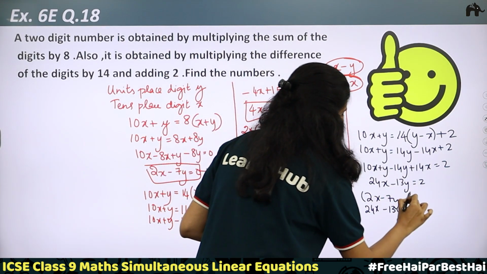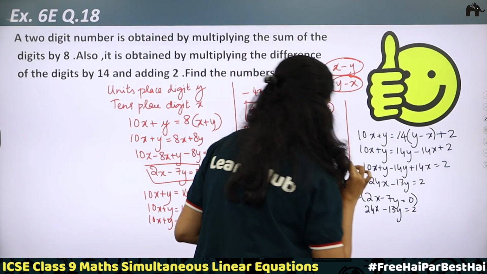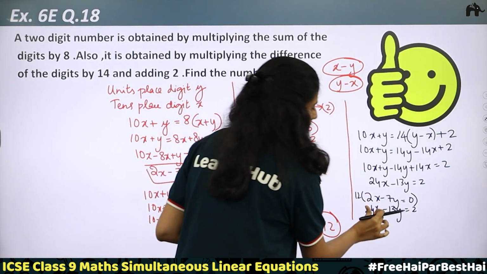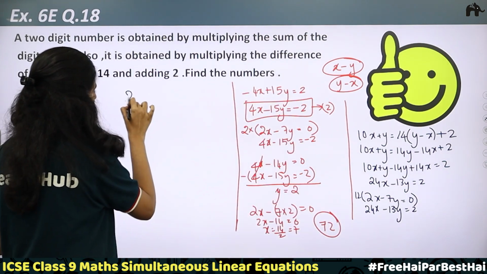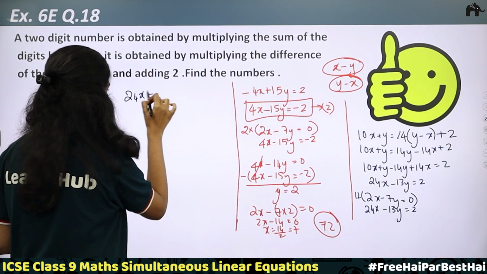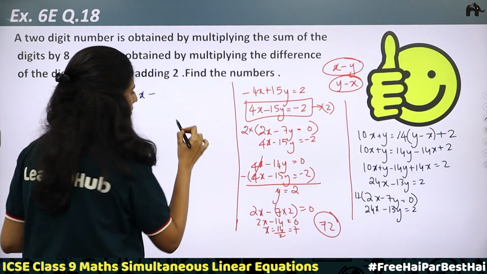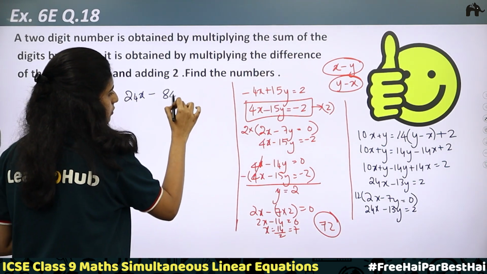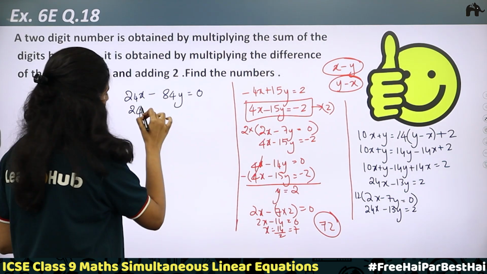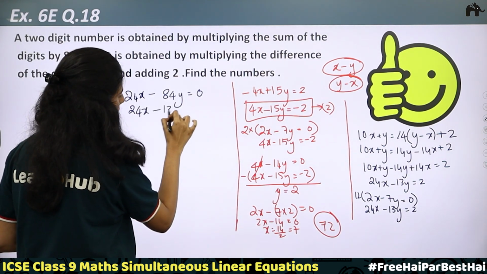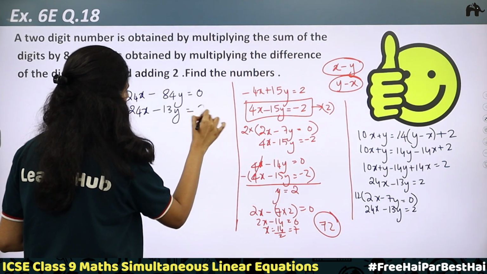Okay, now I am multiplying throughout the first equation with 12. Only then I will be getting 24x. Okay, then you will be having 24x minus 12 into 7, 84y is equal to 0. The second equation 24x minus 13y is equal to 2.